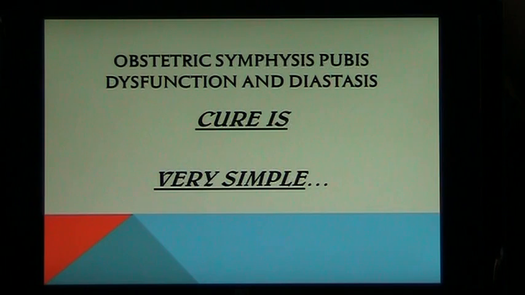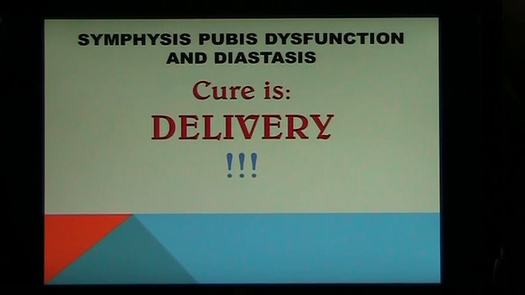Okay, so here's the funny thing, and this is the absolute truth. With respect to obstetric symphysis pubis dysfunction and even diastasis, the cure is very simple. The cure is delivery. Not 100%, that's the point. That's why we're doing this slide program. So a large number of these folks, once they deliver, the wisdom of the body, Mother Nature, takes over and healing occurs, and they go on to live healthy, productive lives.